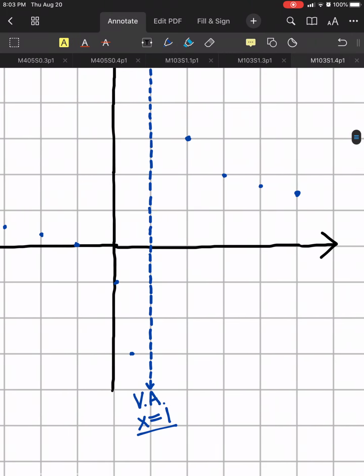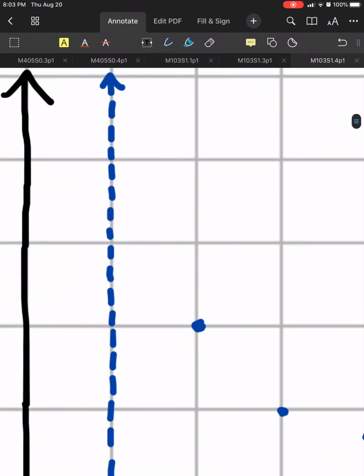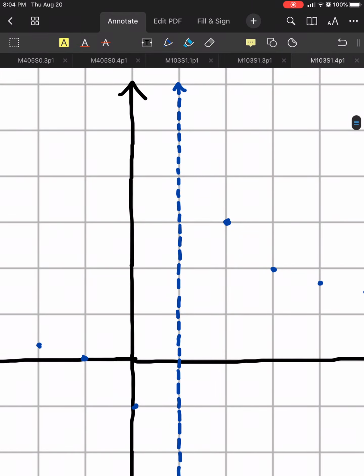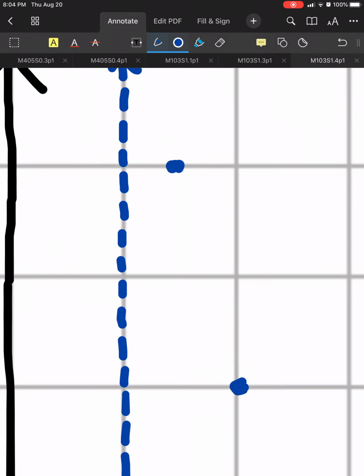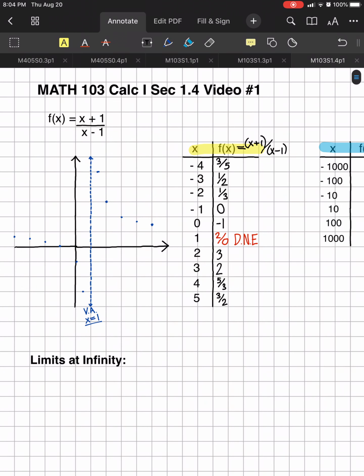If we plug in 1 1/2, we get 1 1/2 plus 1, which is 5/2, over 1 1/2 minus 1, which is a half. So that should give us about 5, which is right about here, that point. So you can see just from plotting the extra point where the asymptote is.